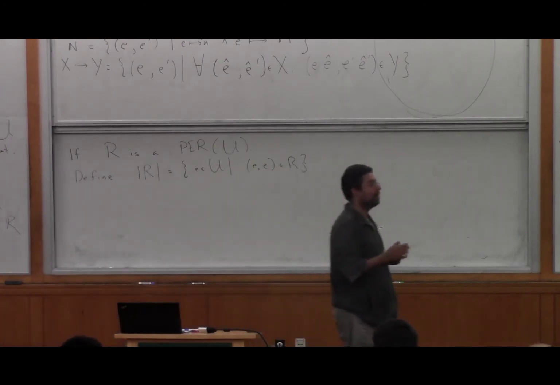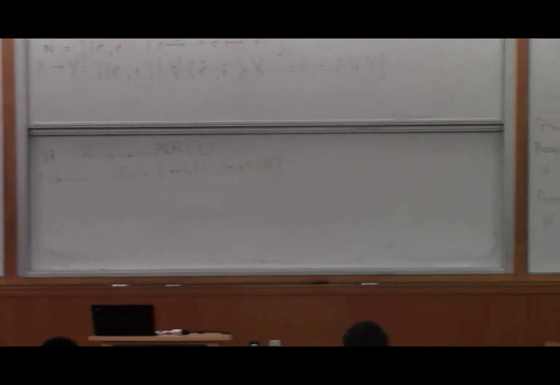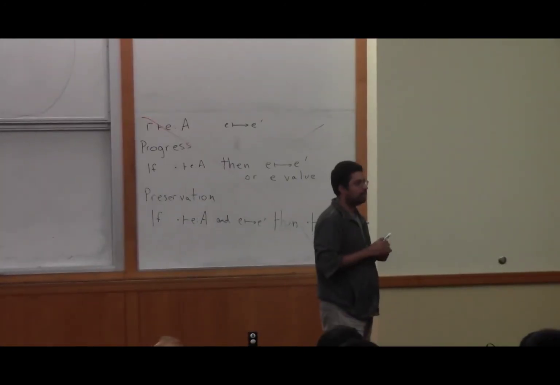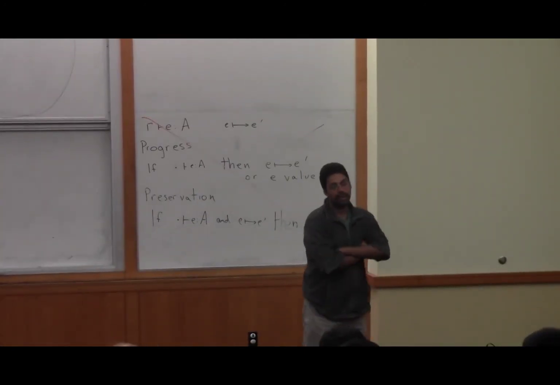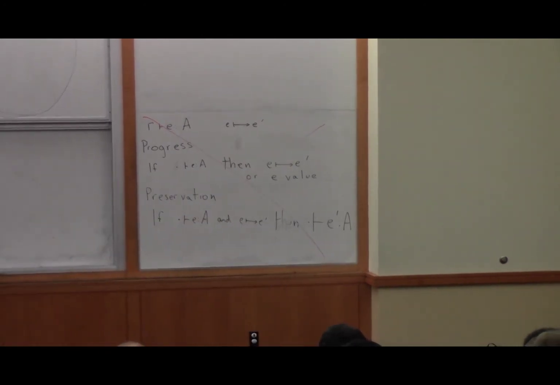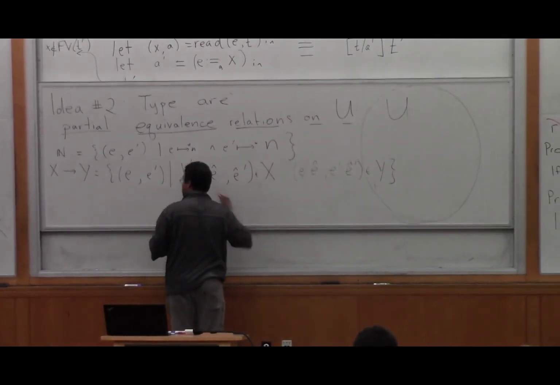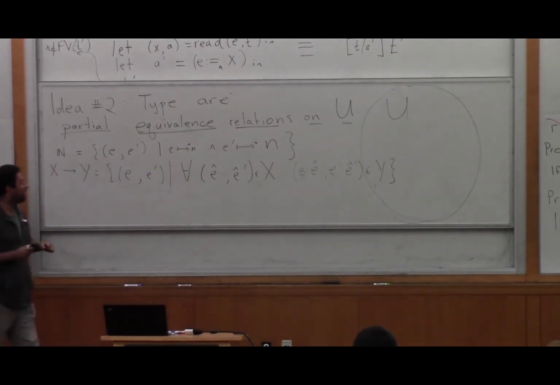Yes? The only real thing that stops you from partitioning neatly into disjoint equivalence relations is non-determinism, which if you don't have, it shouldn't be a problem. Okay, so no, that's not the only problem. So here what's happened is that we have defined a semantic type of natural numbers.